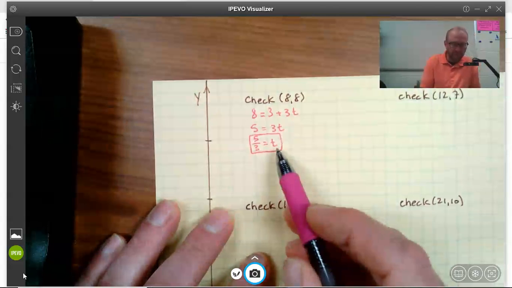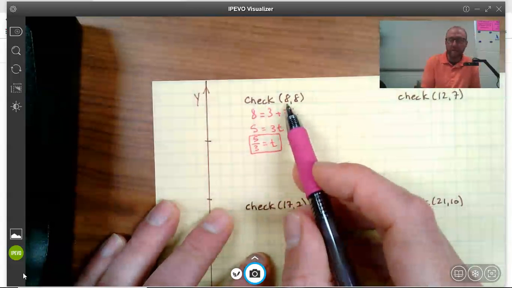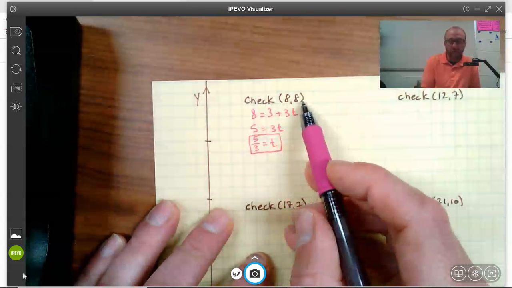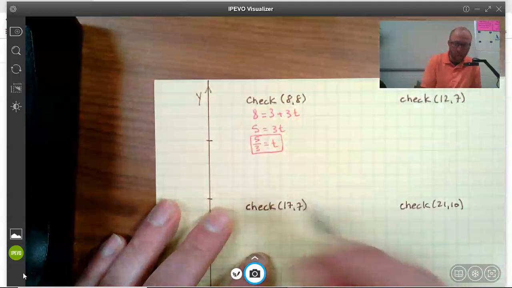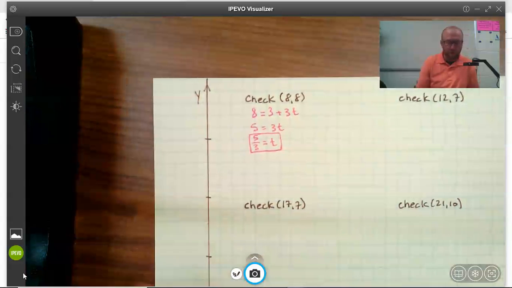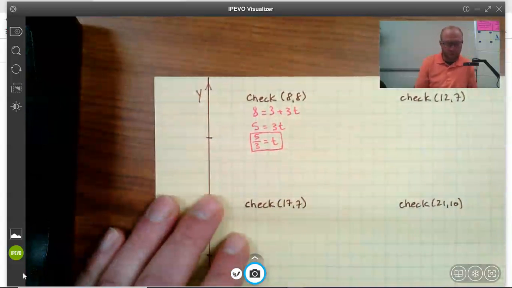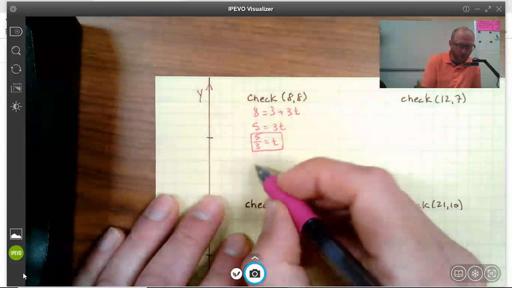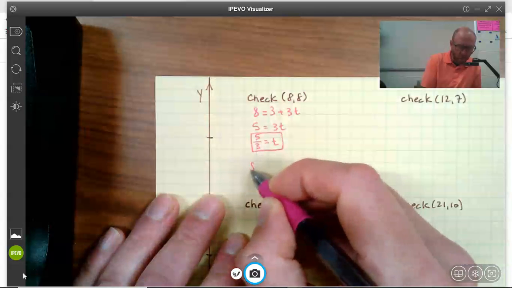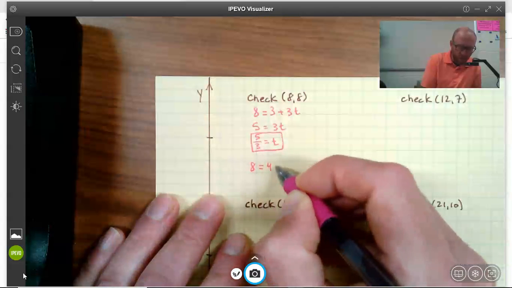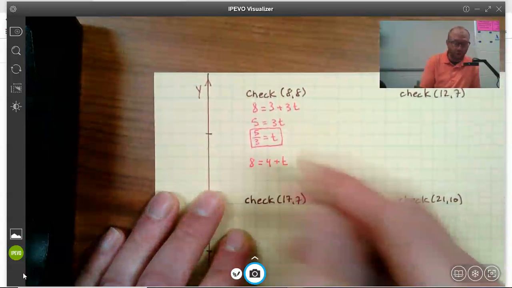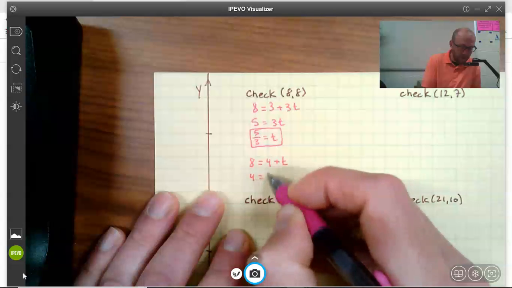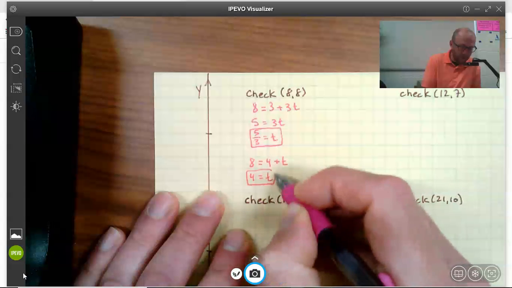So if this t produces an 8 for x, it should also produce an 8 for y. A couple of different ways we could go about checking this. Let's plug in 8 for y in that equation. 8 equals 4 plus t. I'll subtract 4 from each side, and I get 4 equals t.